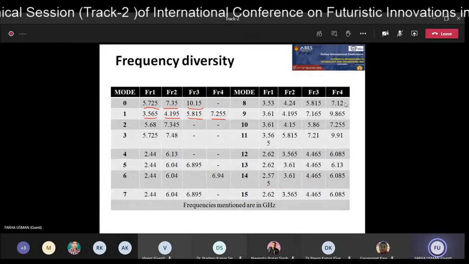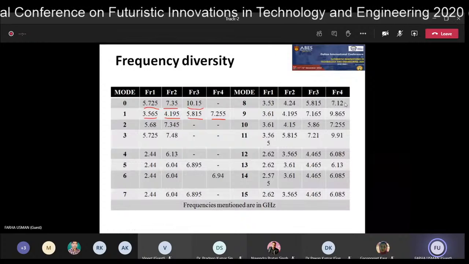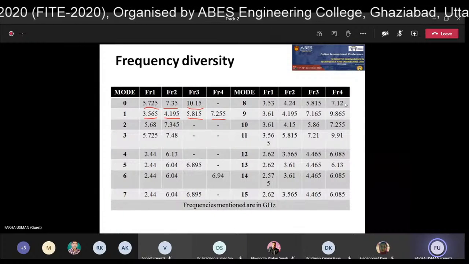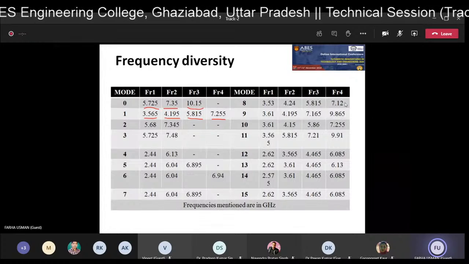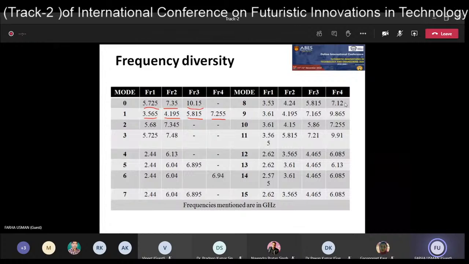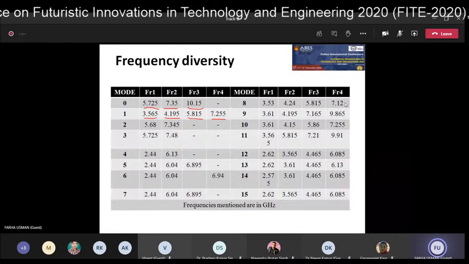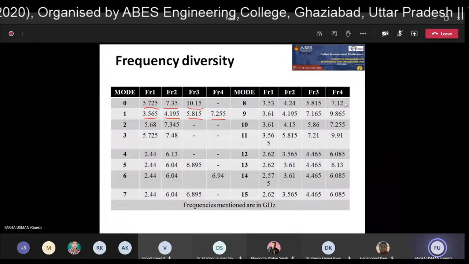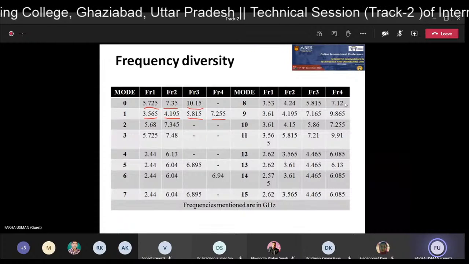There are other combinations. For example, in mode 13, the antenna operates at a frequency of 2.62 gigahertz, 3.61 gigahertz, 4.465 gigahertz, and 6.13 gigahertz. So for each mode, there is almost a different set of frequencies the antenna operates in.